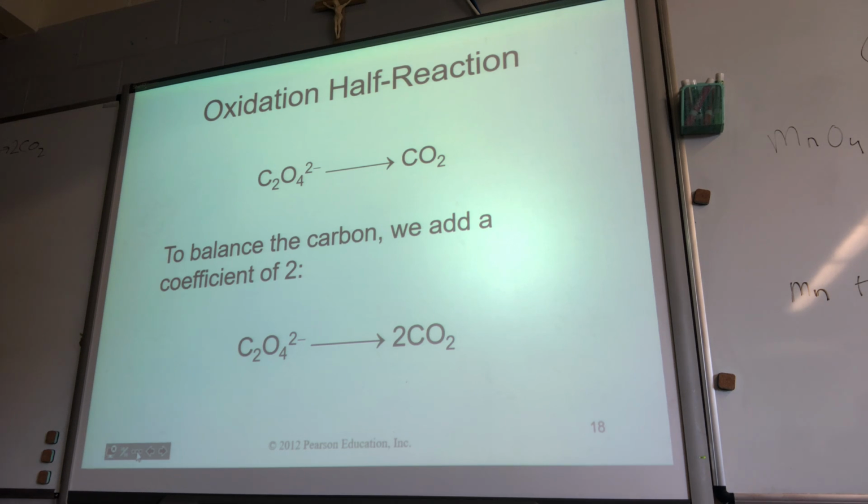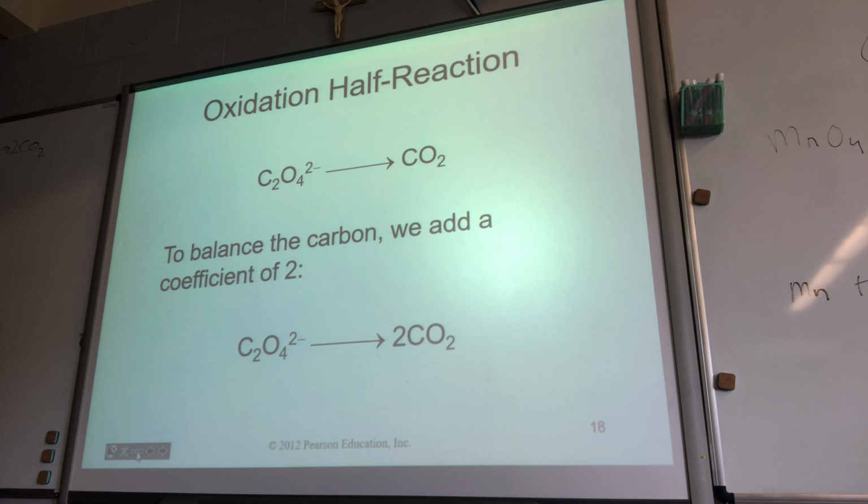Okay, how does that work? Like, how do you just add electrons? You just do it. That's a really good question. We're balancing on paper, not in an actual jar. You'll see that what we're going to do is make these cancel, because you can't just add electrons out of nowhere.